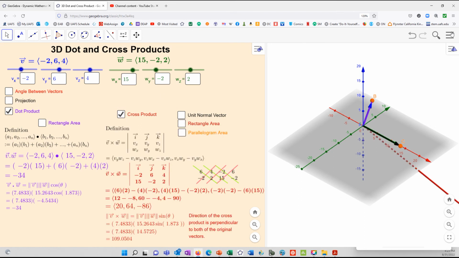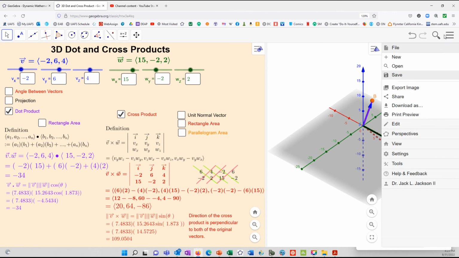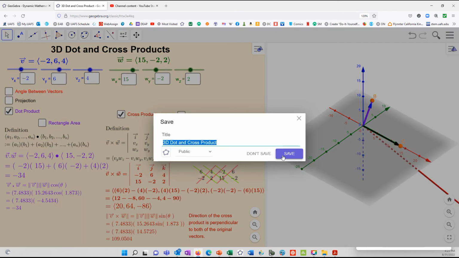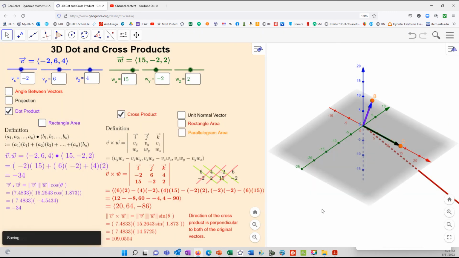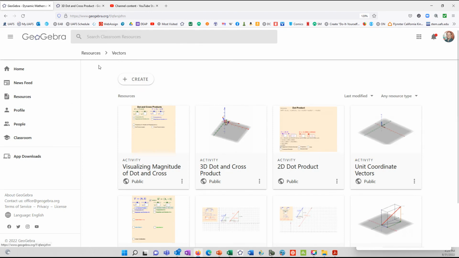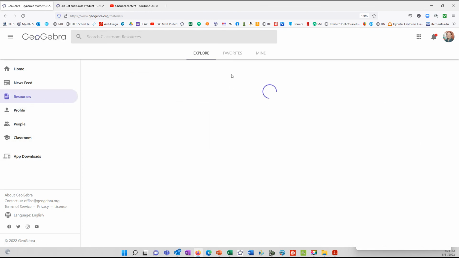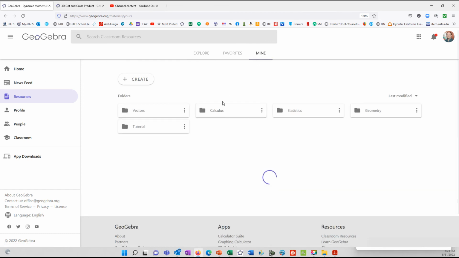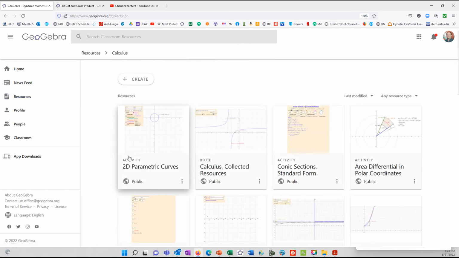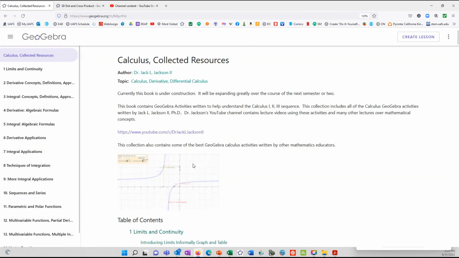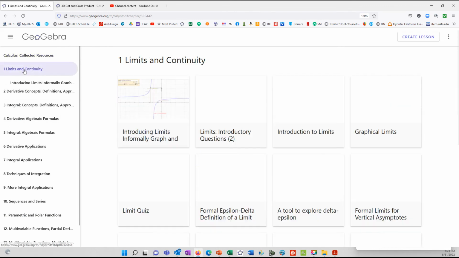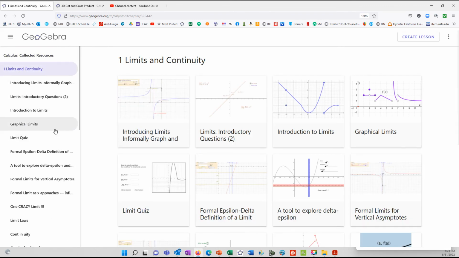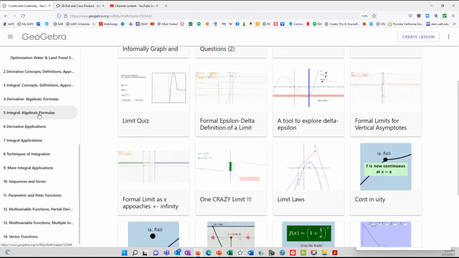All right, I'm going to save that like it is at the moment. All right, so again, this is a GeoGebra applet. It's also found in my collection of calculus apps. So you can go to this calculus collection and you see apps for all types of things throughout the calculus sequence.